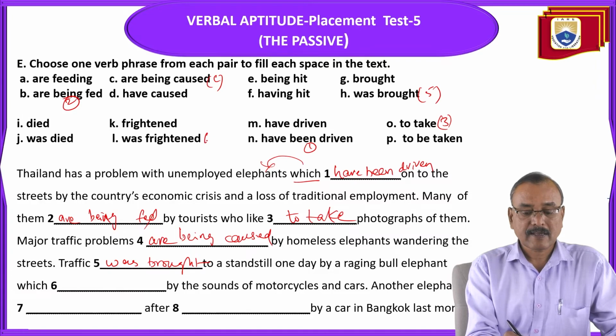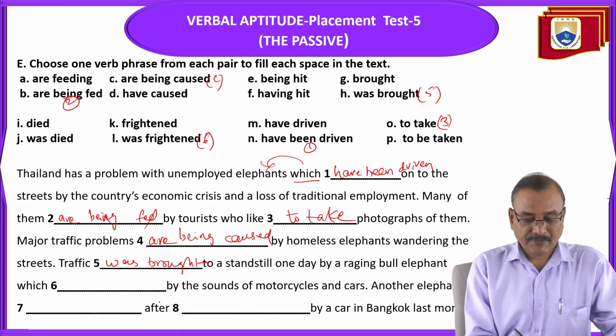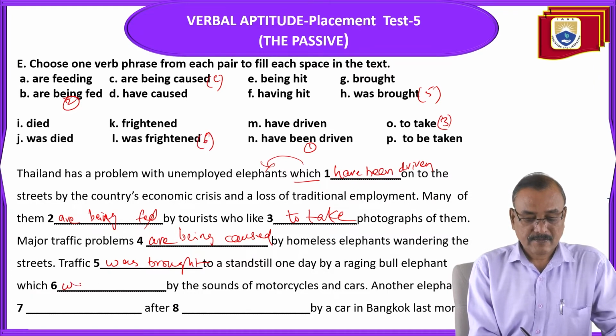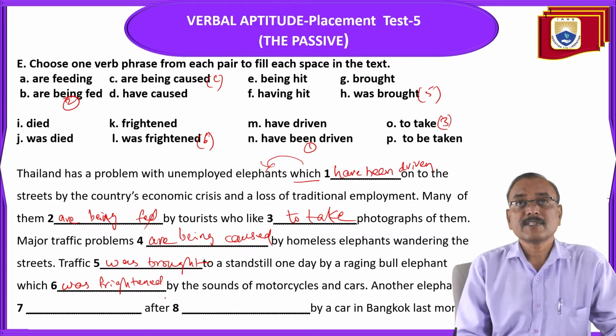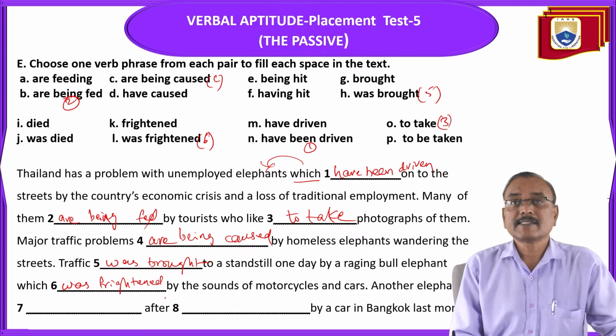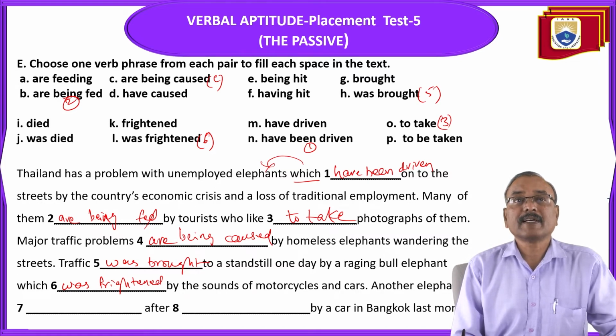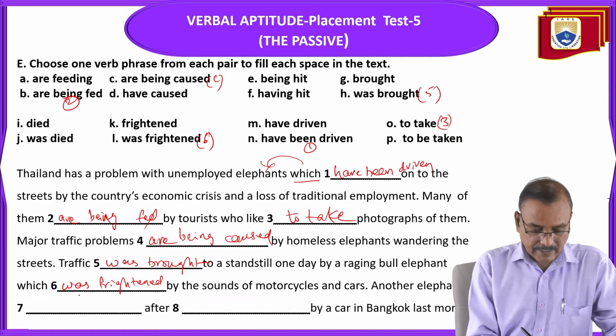Okay, which was frightened by the sounds of motorcycles and cars. Another elephant, the seventh one. What is left here? Died, you can say, was died. Another elephant died is the correct option.